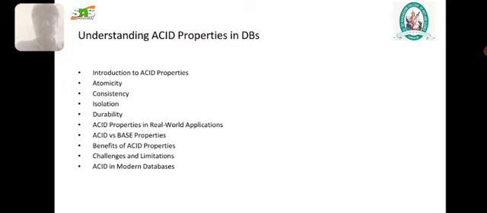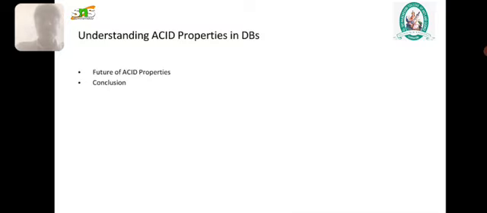First, the introduction to ACID properties: atomicity, consistency, isolation, durability, and ACID properties in real world applications, the benefits of ACID properties, challenges and limitations, and ACID in modern databases. Then the future of ACID properties and conclusion.